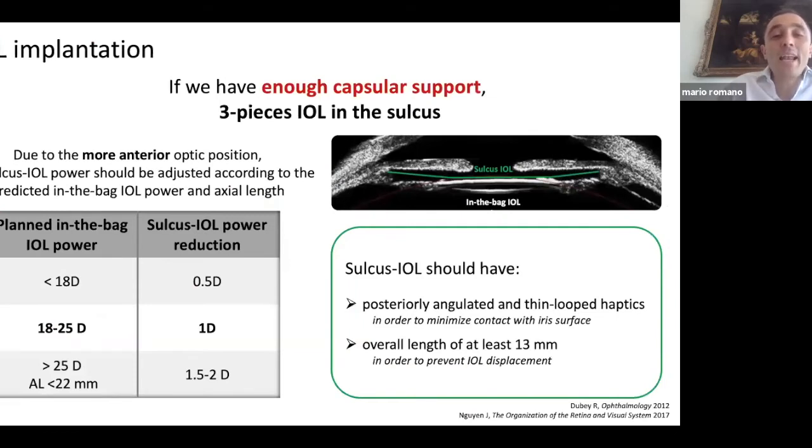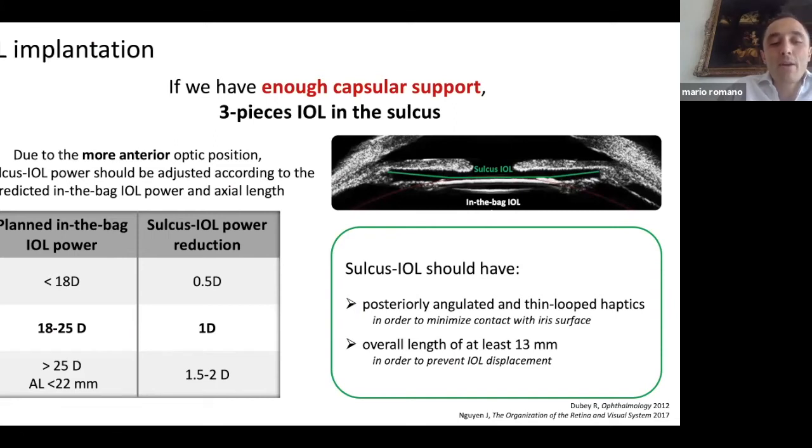Regarding the IOL implant, of course, the capsular bag is the best option if we have enough capsular support. Regarding the power of a sulcus IOL implant, if the patient is hypermetropic, the reduction is 0.5 diopter. If emmetropic, 1 diopter.